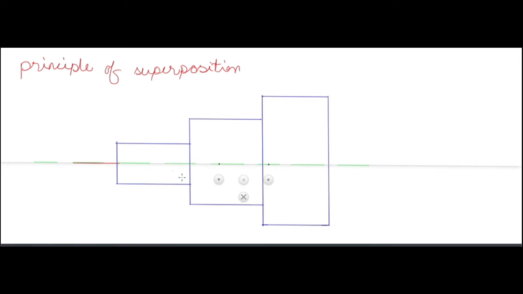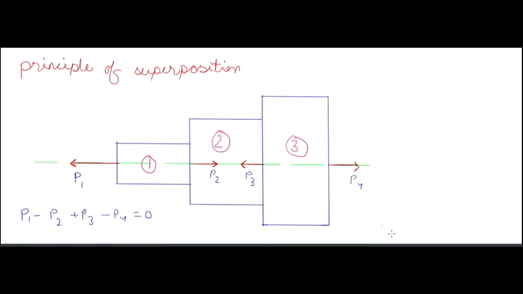Now the principle of superposition. This is for a varying area of cross section or having different forces acting on various cross sections or on the same cross section.